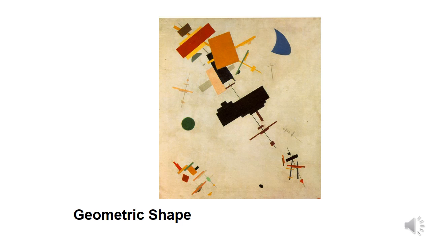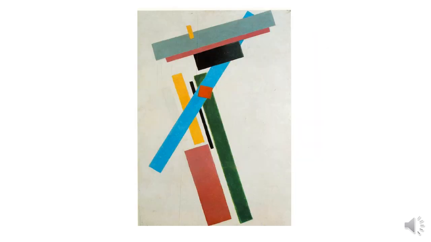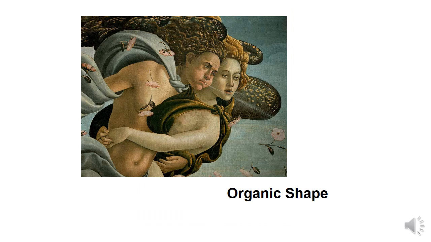The first type is geometric, right? Circles, triangles, squares, rectangles. Think mathematics when you think of a geometric shape. Okay, geometric. Organic shapes are based in nature, so they're free-formed, flowing types of shapes. Think of things that are alive.